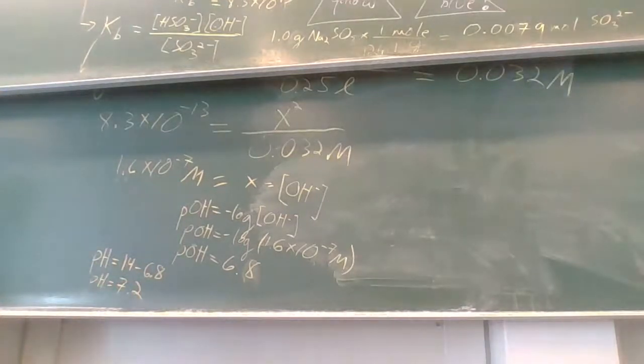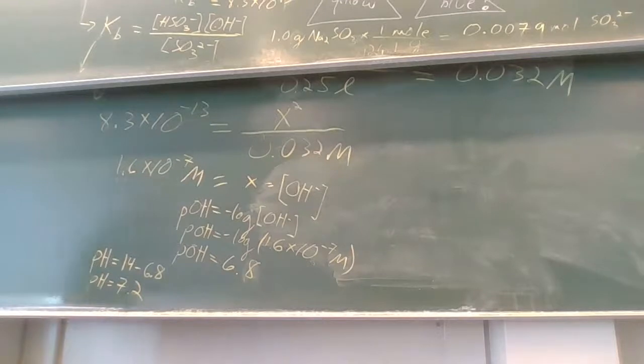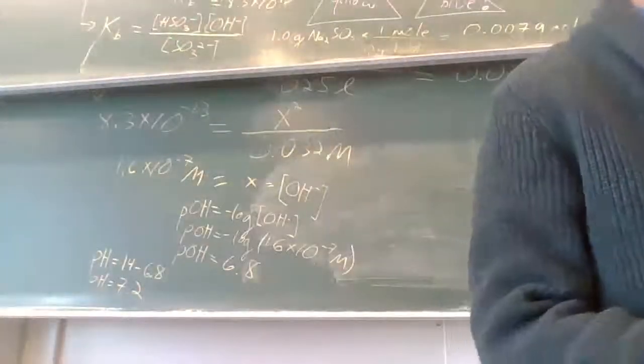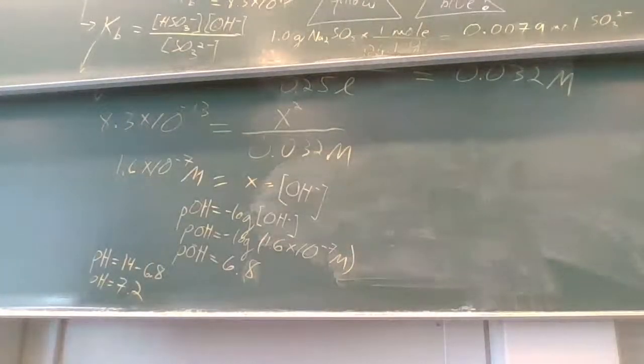So it's only very slightly basic, isn't it? Interesting. Only very slightly basic. And yet I got a blue color. But then again, that stuff changes right above 7. So there you go. Okay, and really, we don't really care about universal indicator. It's not on the AP test anyway. But a lot of students have it in 9th grade. That's why I do it for this demo.